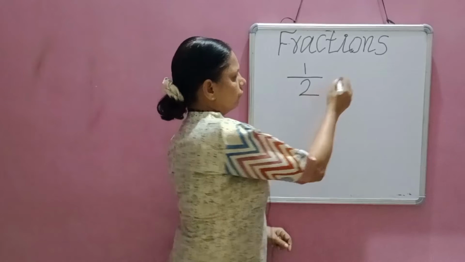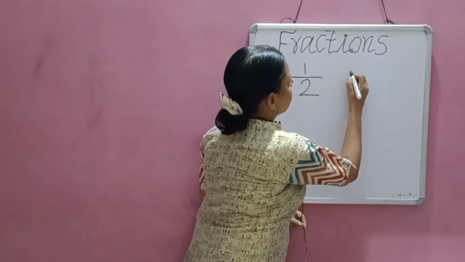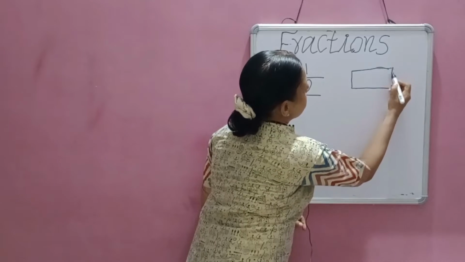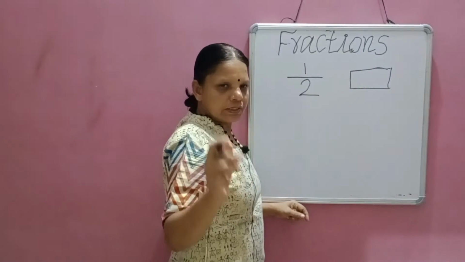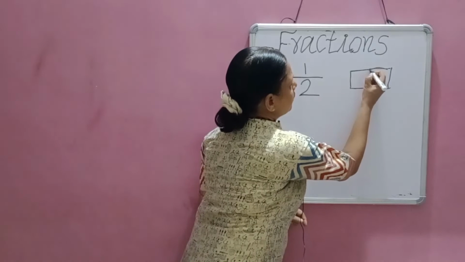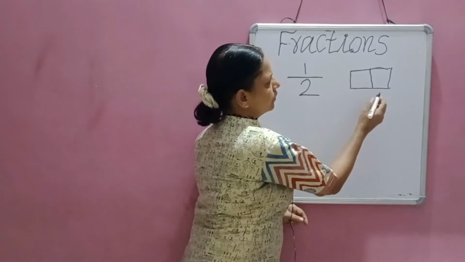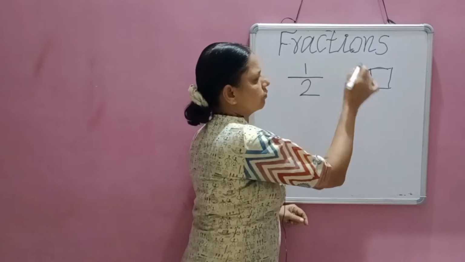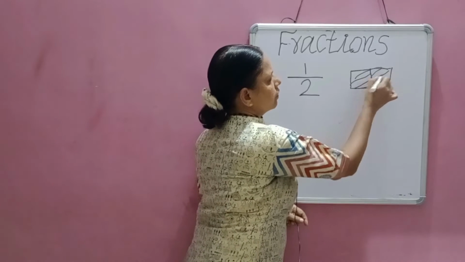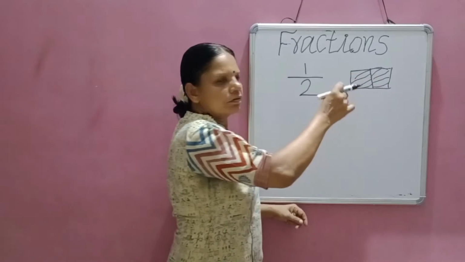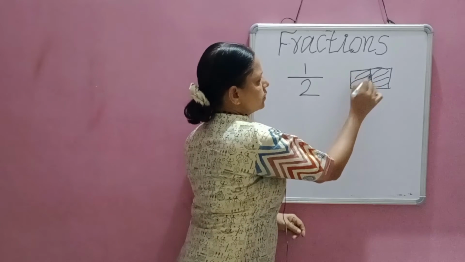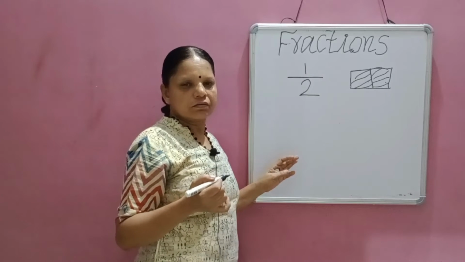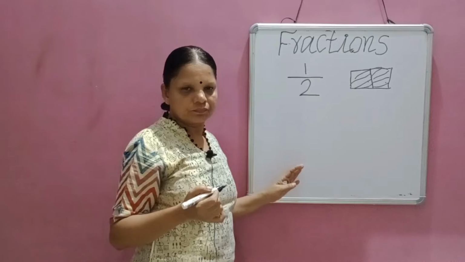Clear? So this is the chocolate. Two children are there. Exact middle it is divided, and each one will get this. So each part is 1 upon 2. It is called 1 upon 2.